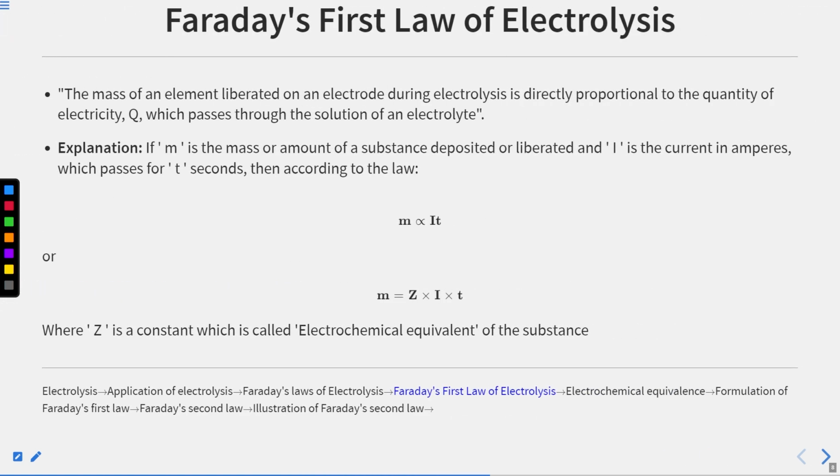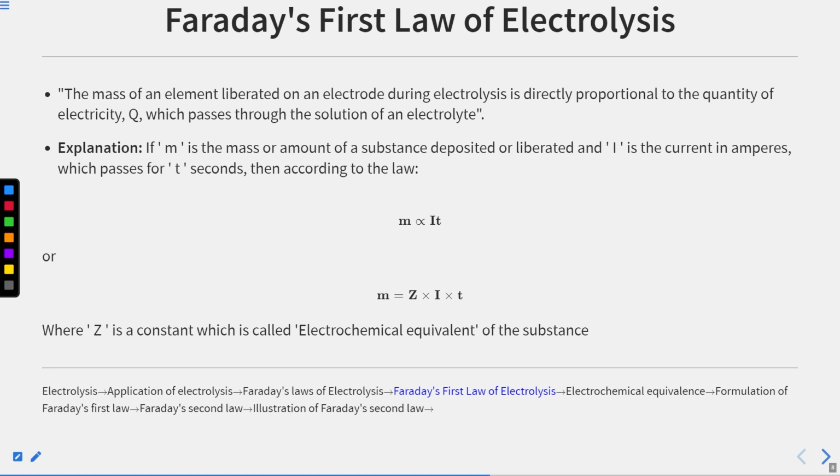So this is Faraday's first law of electrolysis. What does this law say? It says that the mass of any element liberated on an electrode during electrolysis is directly proportional to the quantity of electric charge which passes through the solution of an electrolyte.